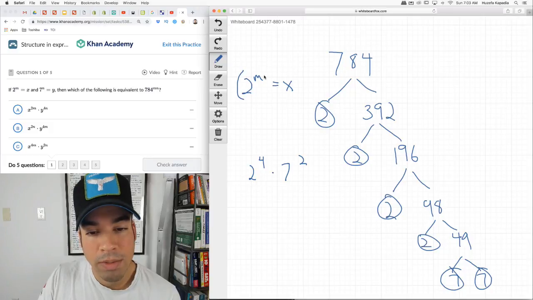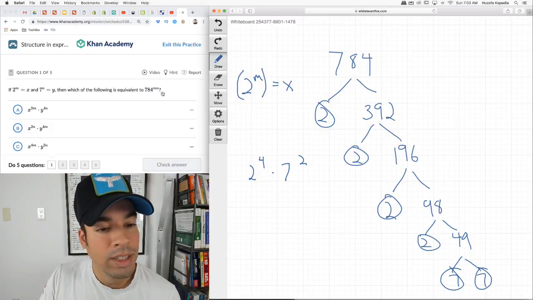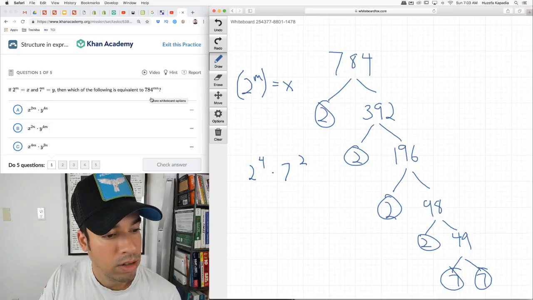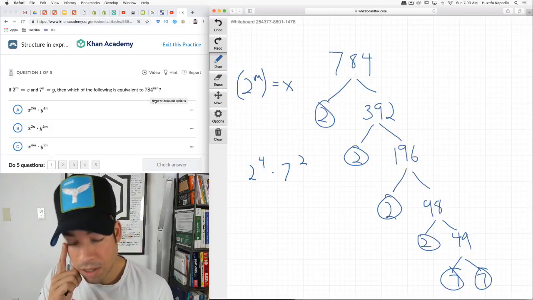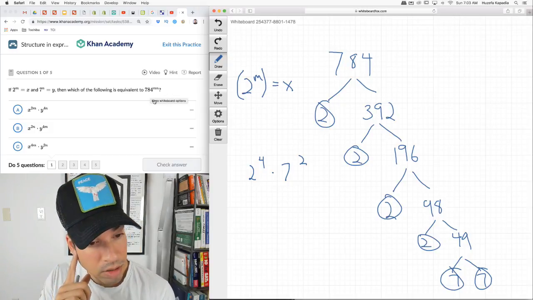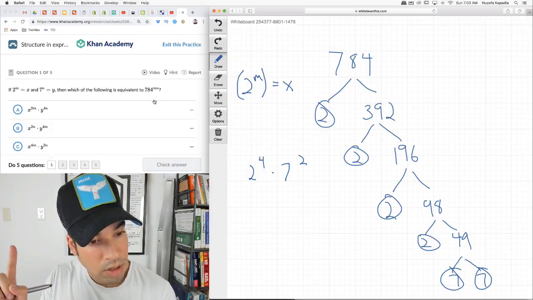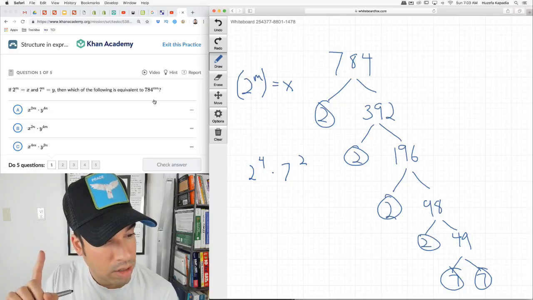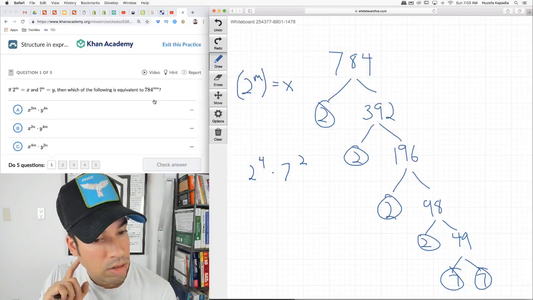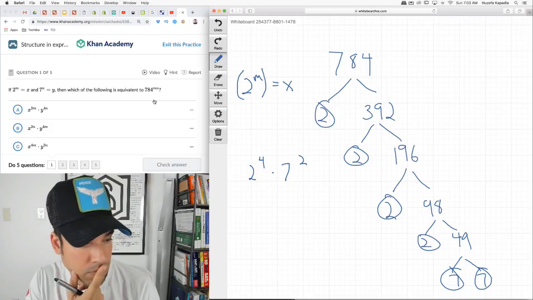So now we're like, wait a minute. I know to get this 784, so what I need to do, wait a minute, hold on, let me think one more second. And then the exponents add. Wait, but those exponents multiply each other.